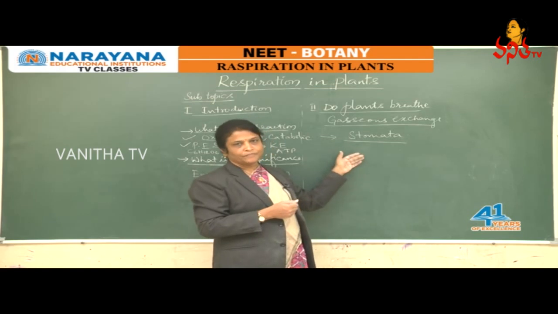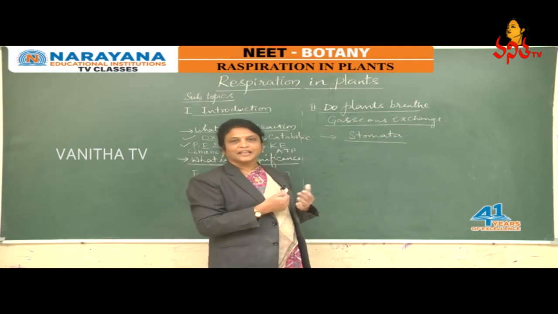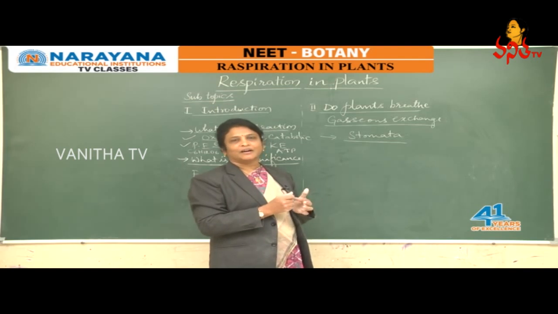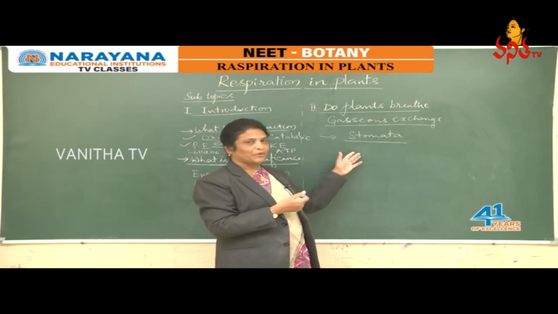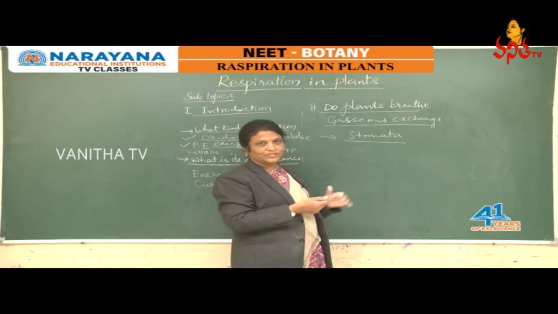Very simply, plants allow the translocation of gases, that is transport of gases in their body, cell to cell transport. For all the cells, the air, that is oxygen or whatever the gases, they are transported by simple diffusion process.